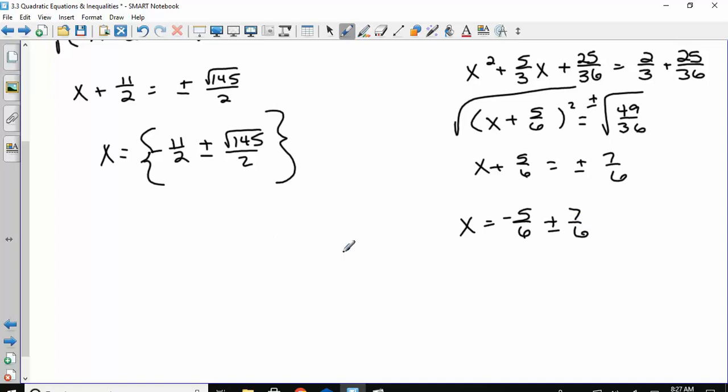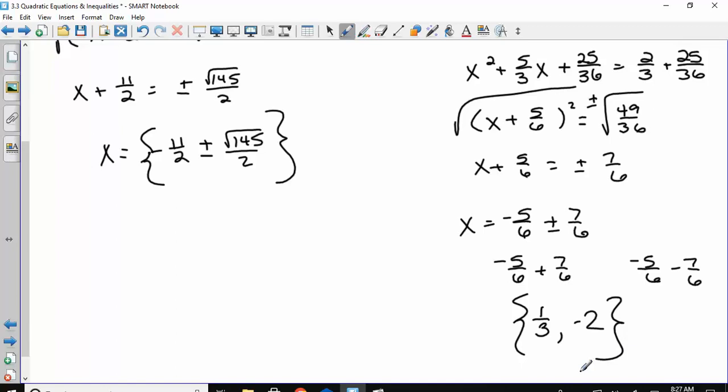Because you can simplify. These are like terms. So this means negative 5/6 plus 7/6 and negative 5/6 minus 7/6. So negative 5 over 6 plus 7 over 6 would give you 2 over 6 or 1 over 3. This would be negative 12 over 6, which is negative 2. Is that what you got when you did slip and slide and solved it? Yeah.